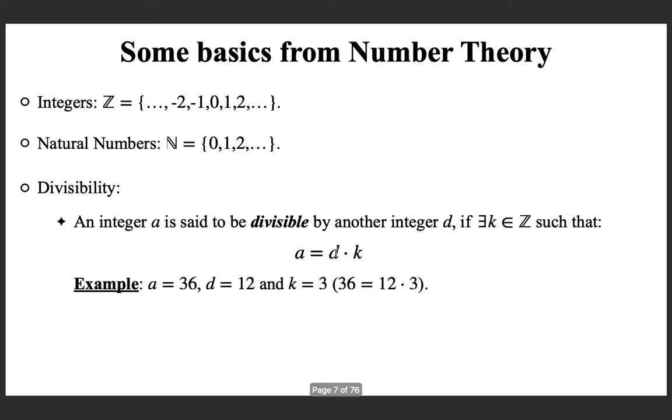For example, if you take a as 36 and d as 12, you can see that 36 is divisible by 12 because 36 can be written as 12 into 3. And because multiplication is commutative, d multiplied by k is the same as k multiplied by d. So, here we can also say that a is divisible by k.